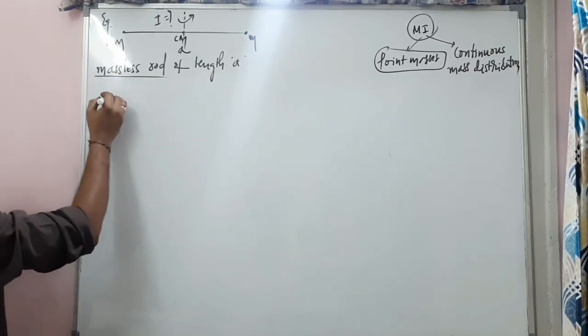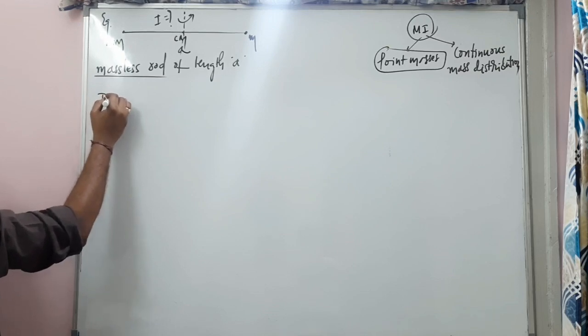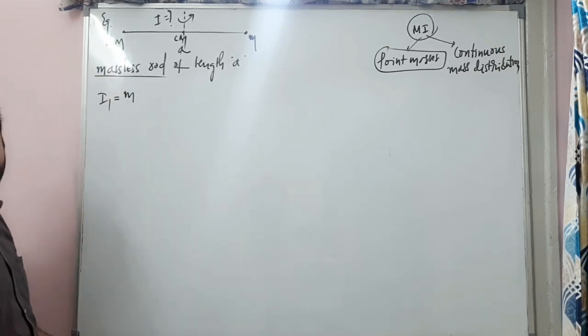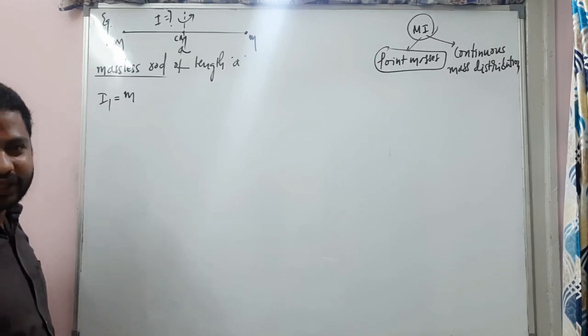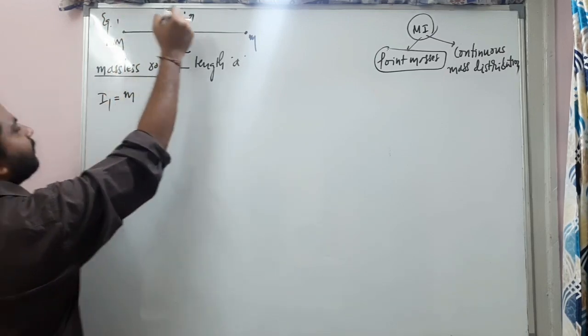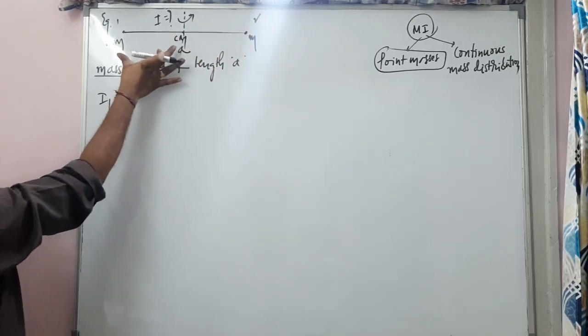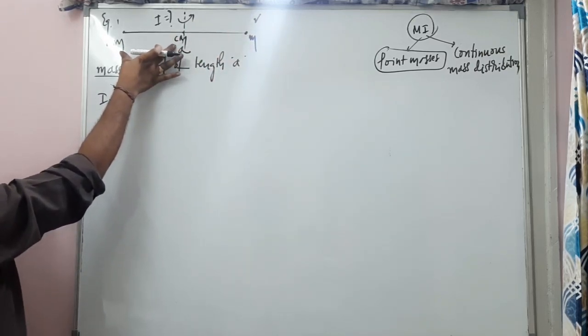Observe. Moment of inertia of the first body is its mass into square of the perpendicular distance from axis of rotation. Imagine it's my first body and this is the second body. So this is the perpendicular distance between axis and the first body.